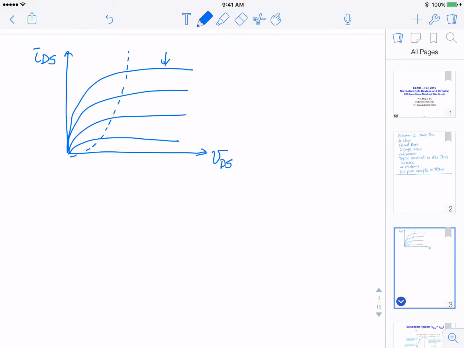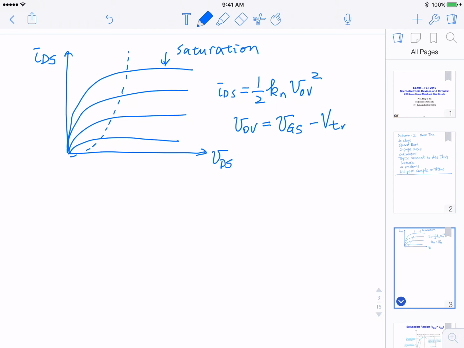And in here, we call this the saturation regime, okay? And in the saturation regime, IDS is equal to 1/2 Kn times V overdrive squared. Okay, very simple characteristics. V overdrive is equal to VGS minus VTN.